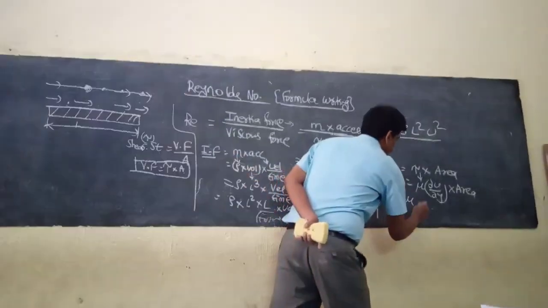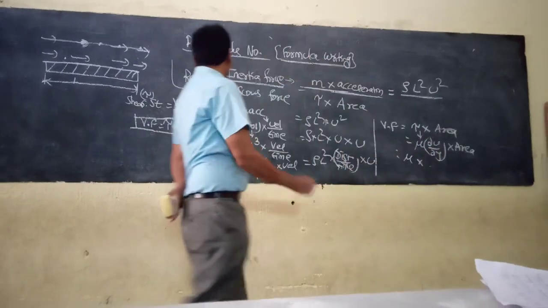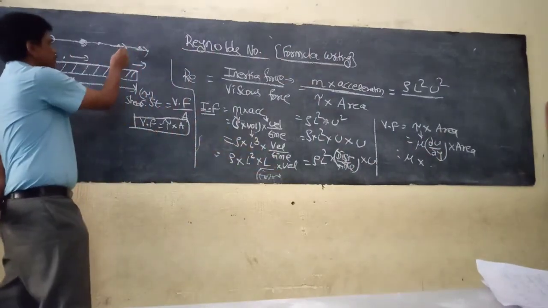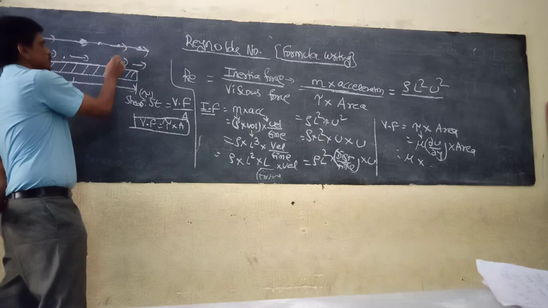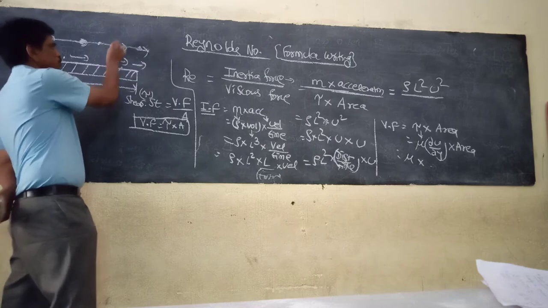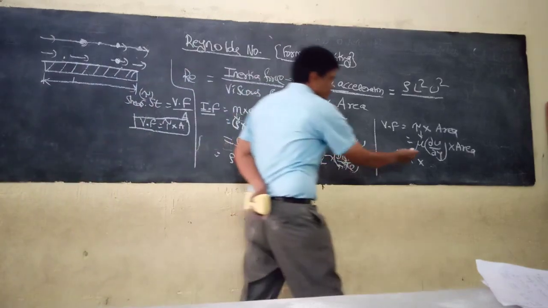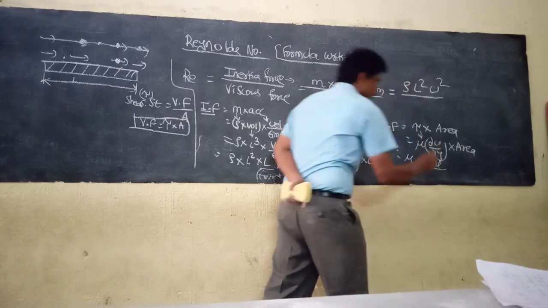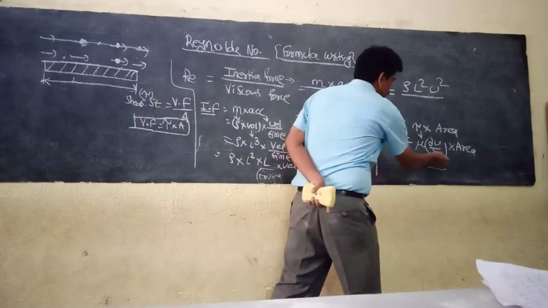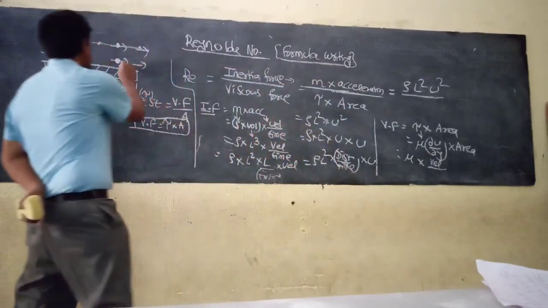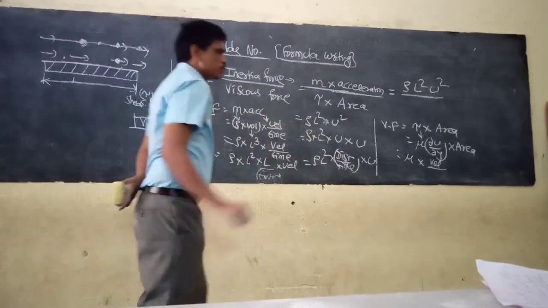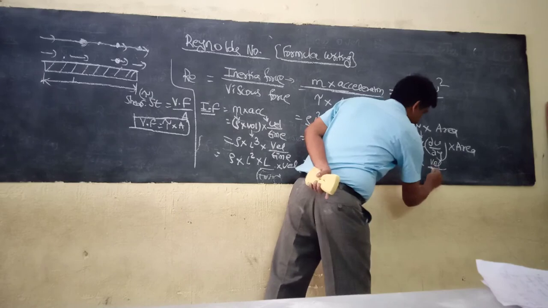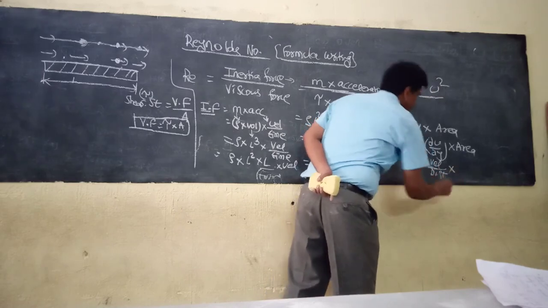Mu into dou u, that is the change in velocity. Here the velocity is less, here the velocity is high. What is the change in velocity? Dimensionally, that is written as simply velocity divided by dou y. Dou y is the vertical distance above the plate. The change in the vertical distance is simply written as distance, into area.